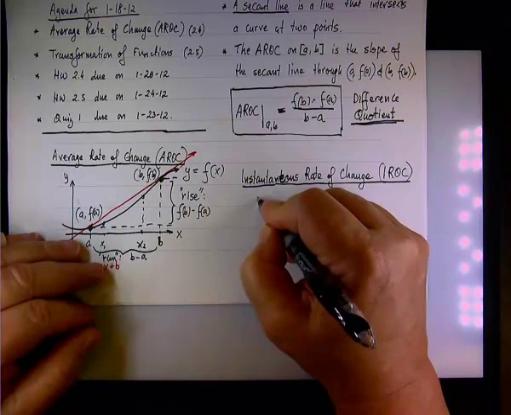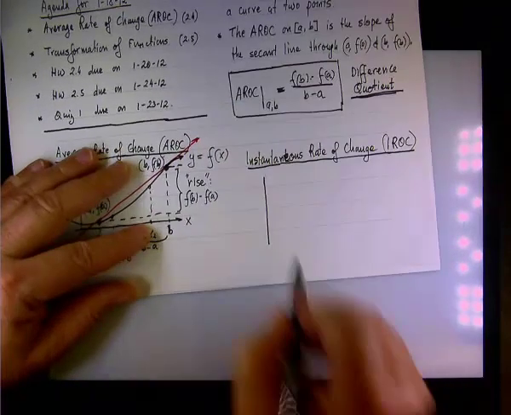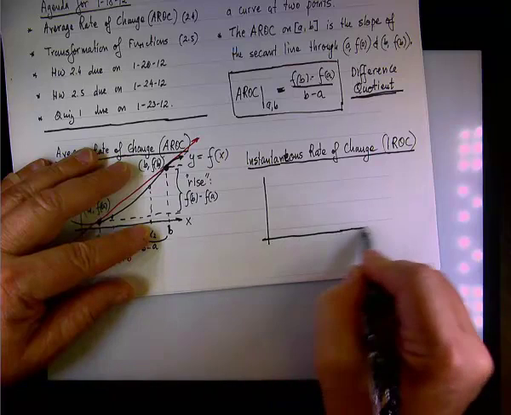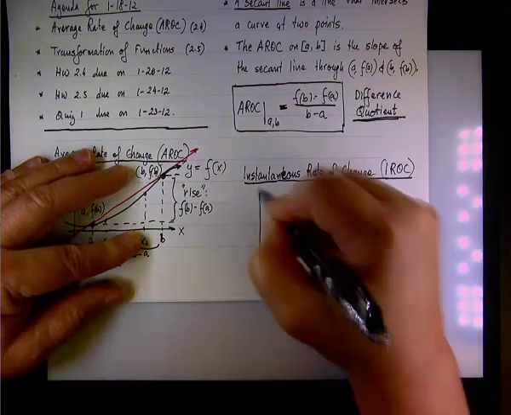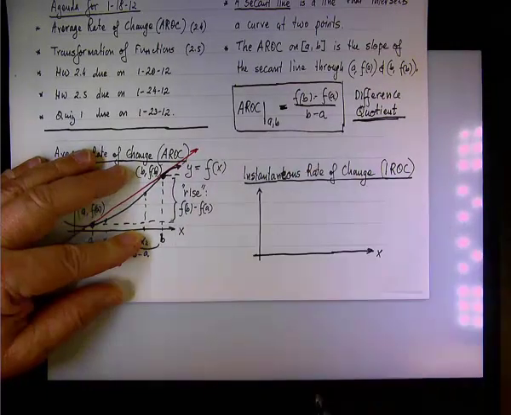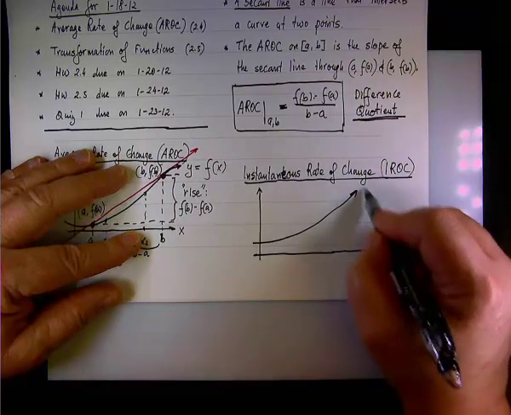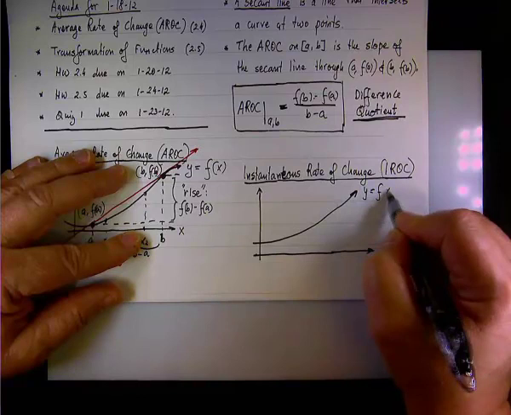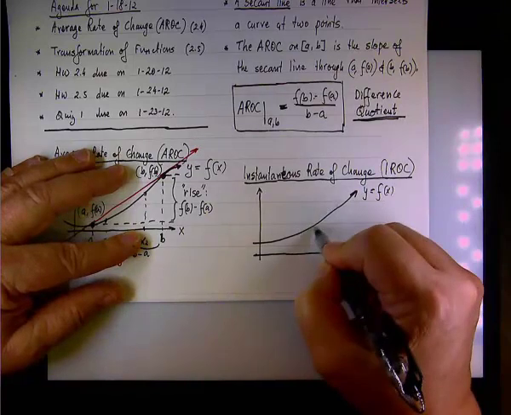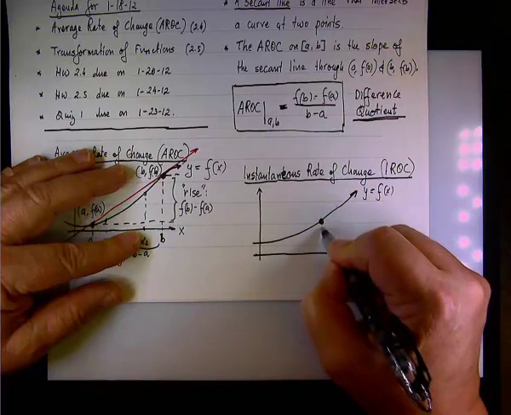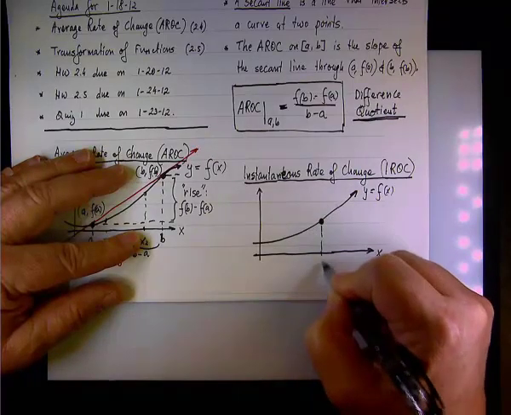Let's first visualize it. I'll draw another sketch where I have a curve, y equal f of x. Okay, so here's a generic curve, y equal f of x. And let's say I want to know the instantaneous rate of change at this point right there, where x equals a.